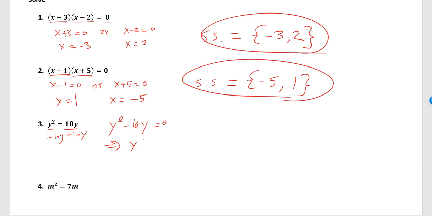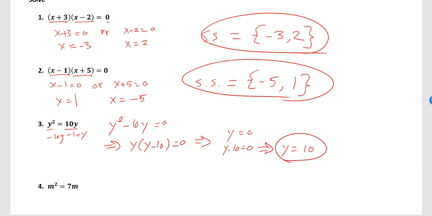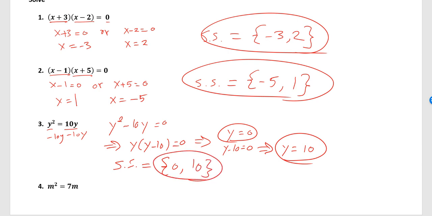So we have y times (y minus 10) equals 0, which gives y equals 0, or y minus 10 equals 0, which gives y equals 10. So my solution set is equal to 0 and 10.